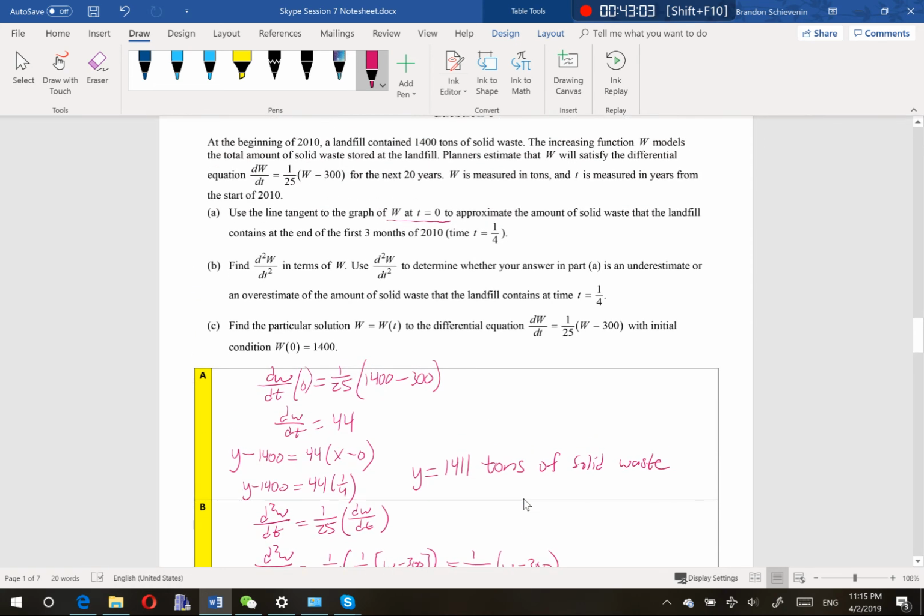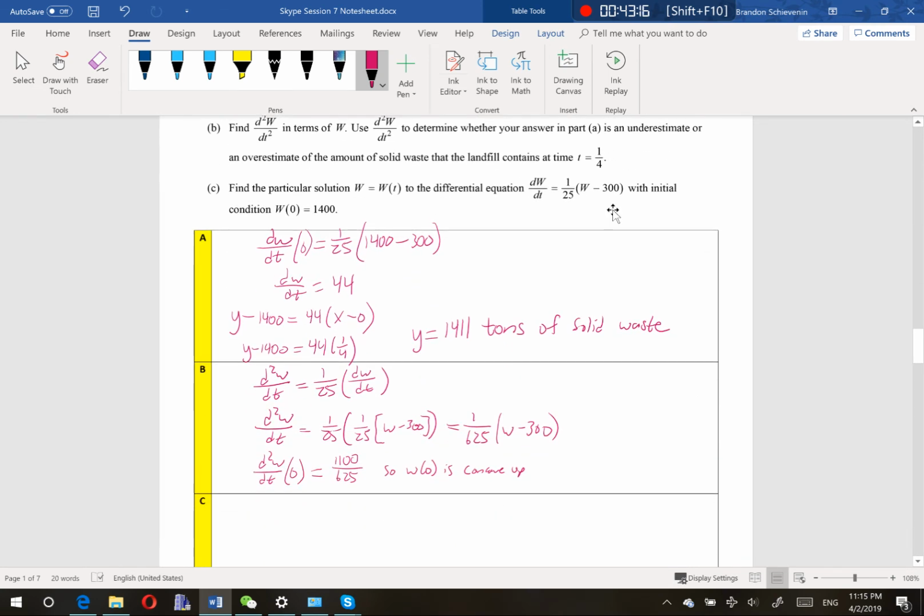And then, do we know if it was increasing or decreasing? Okay, we were increasing the entire time. So on the interval from t equals 0 to t equals 1/4, we were increasing.